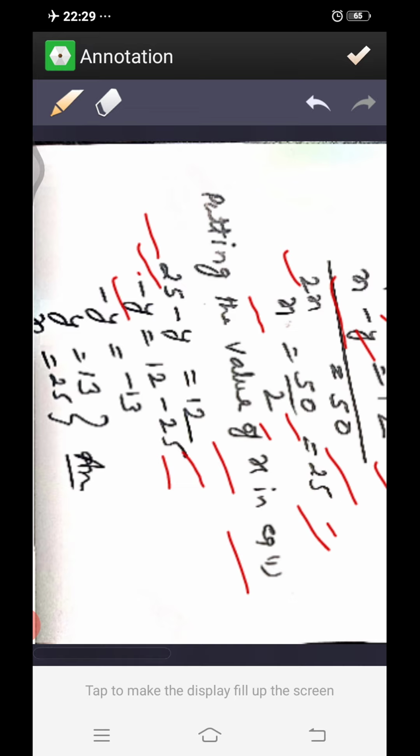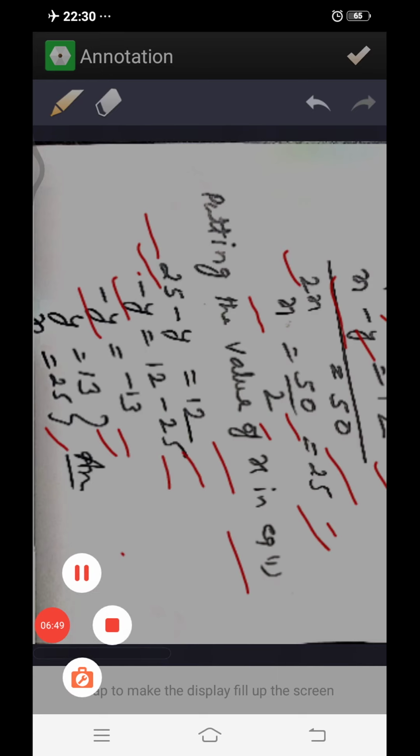So we get minus y equal to minus 13, minus cancelled on both sides, y equals 13. x we have already got, 25. So we have got our values, x equals 25 and y equals 13.